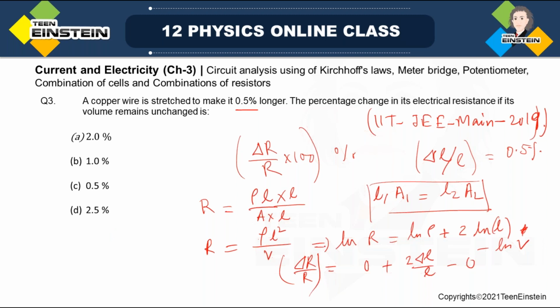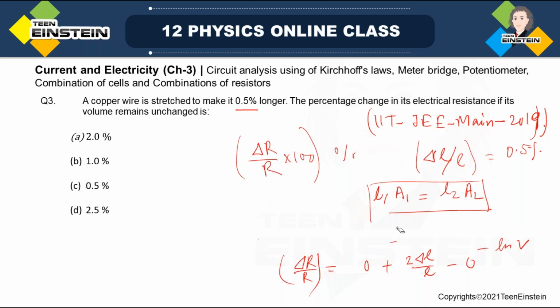So what is the expression for delta R by R? We'll look here. Let me erase this part. Delta R by R we have already got, which we had to actually find out.